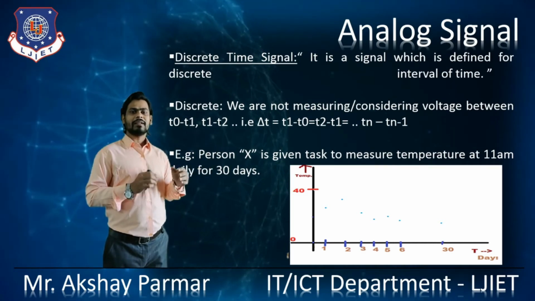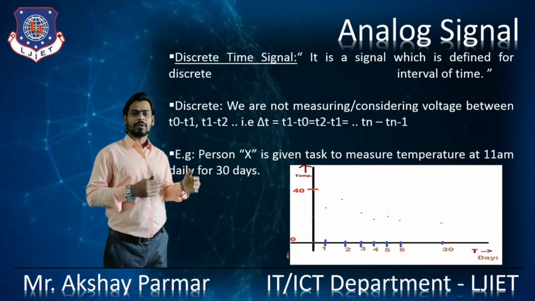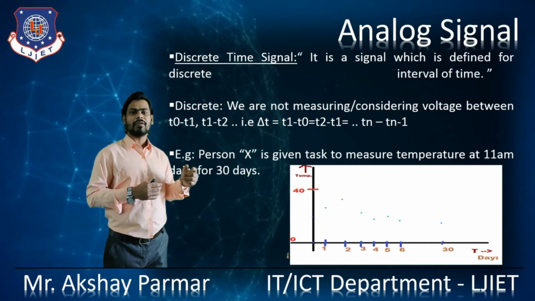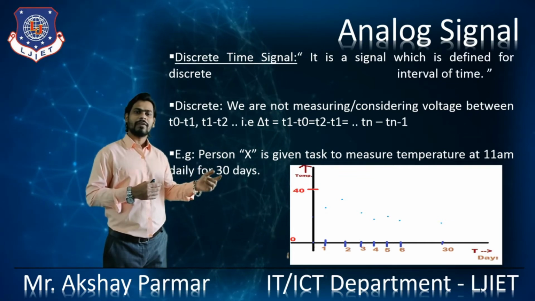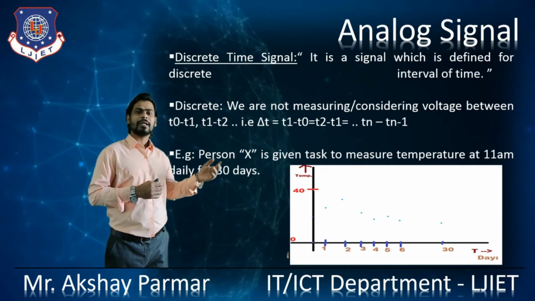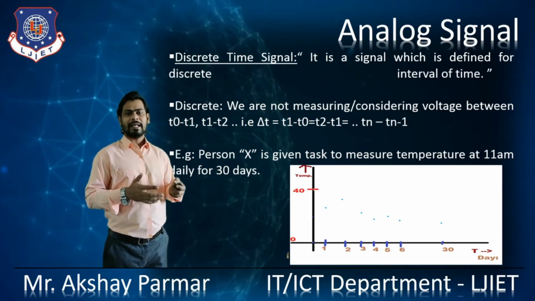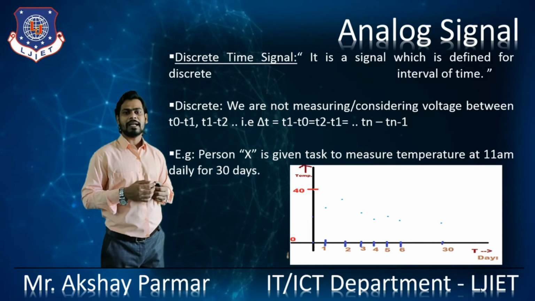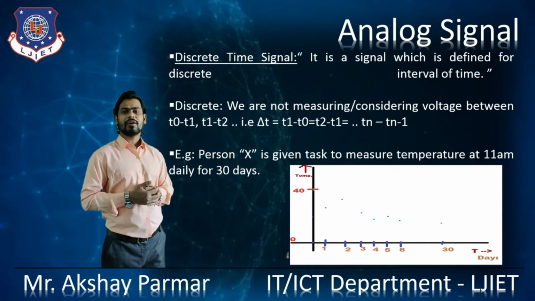The delta t, the time interval between time slots, is the same for all of them: t1 to t0, t2 to t1, up to tn to tn minus 1. For example, person X is given a task to measure temperature at 11 am daily for 30 days.